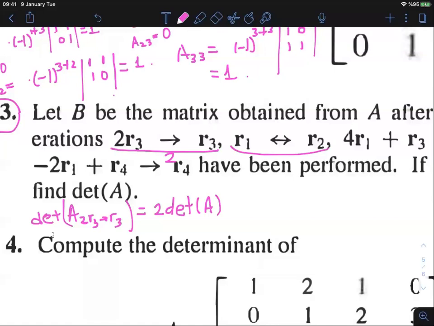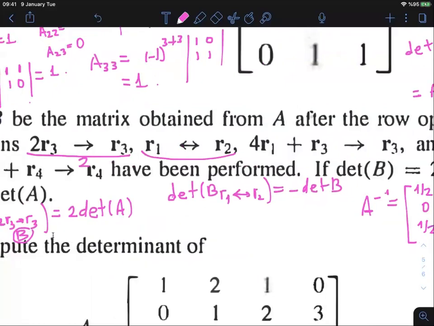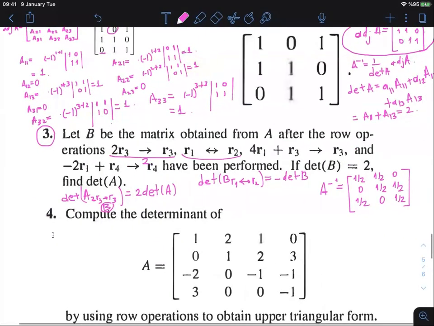So let's say that this is our new matrix B. Now I'm using this operation on the matrix B. I'm swapping row 1 and row 2 of B, and this will be the same as minus determinant of B. What about these operations? If you remember, these two operations do not change the determinant, so they will have the same determinant as this matrix.